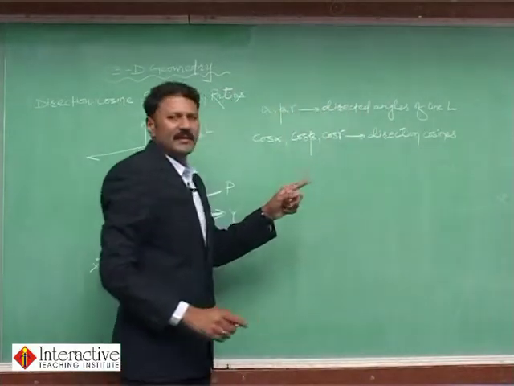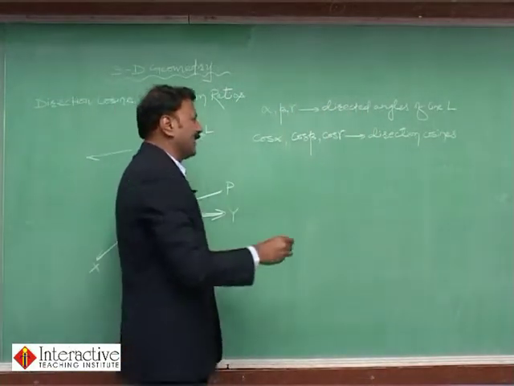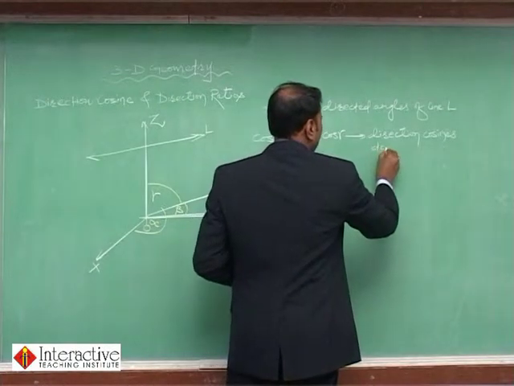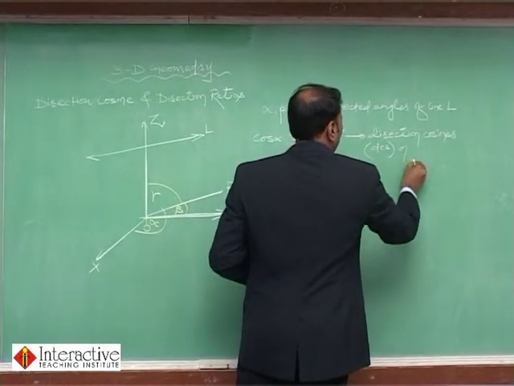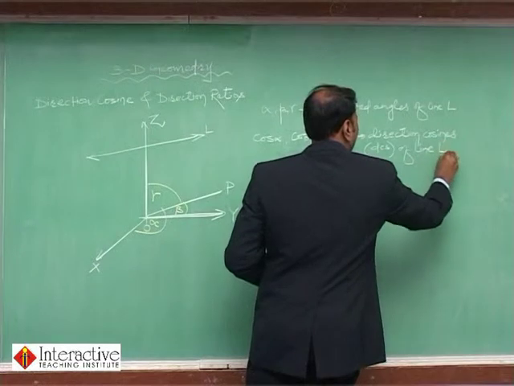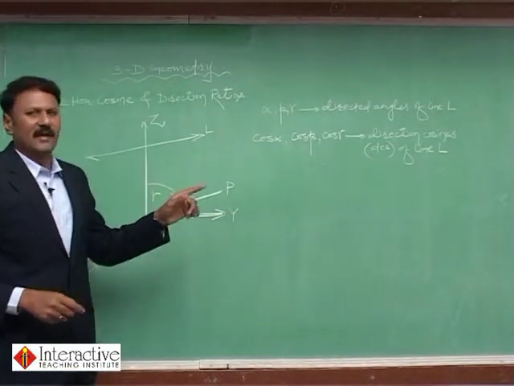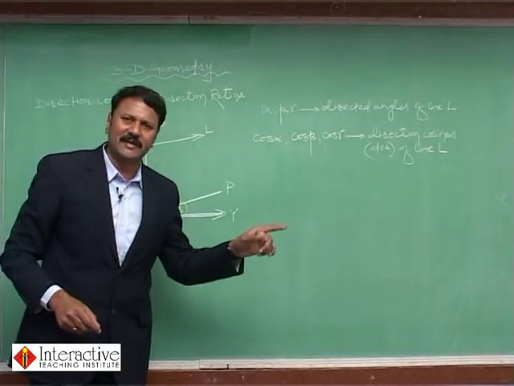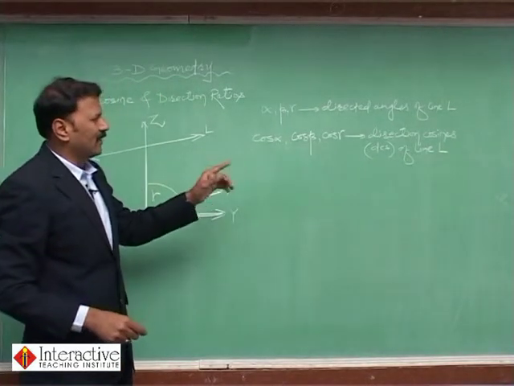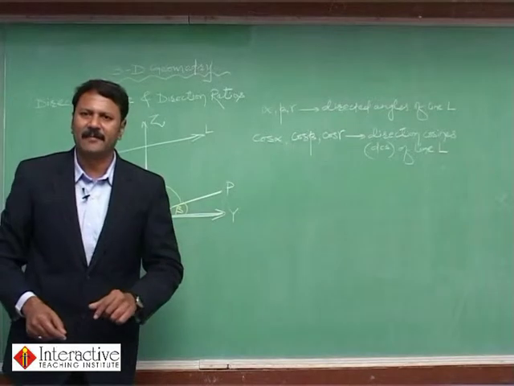In short, the direction cosines are written as DCs of line L. So, if alpha, beta, gamma are the directed angles of line L, then cos alpha, cos beta and cos gamma will be called direction cosines of line L.